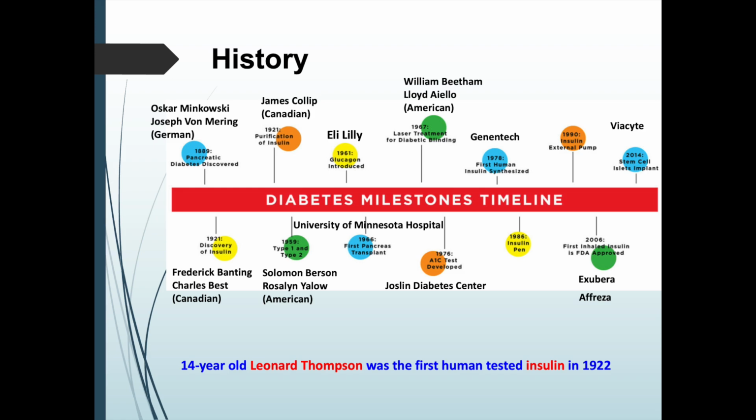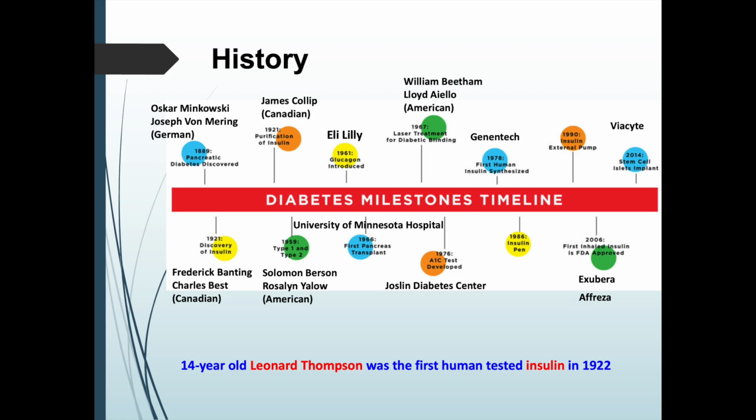In fact, he was about to die. But James Collip, a Canadian scientist, purified the insulin, and that purified insulin was given to this boy, and he survived and passed away after 38 years. So that was the purification of insulin.